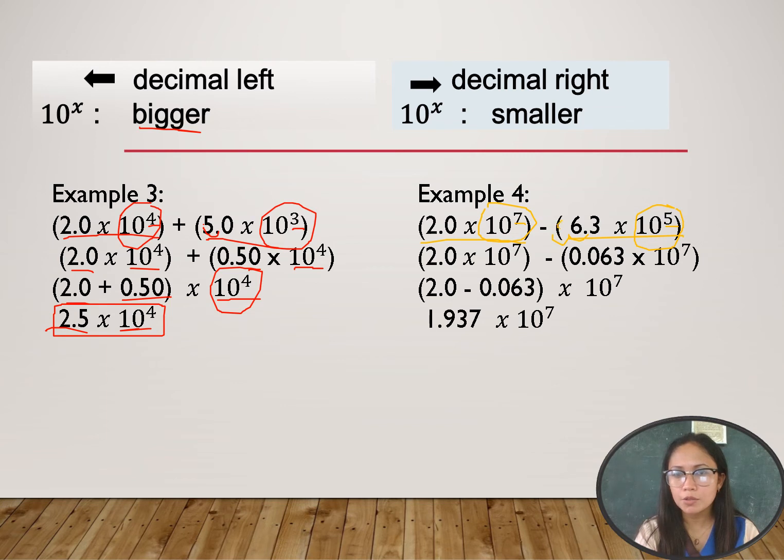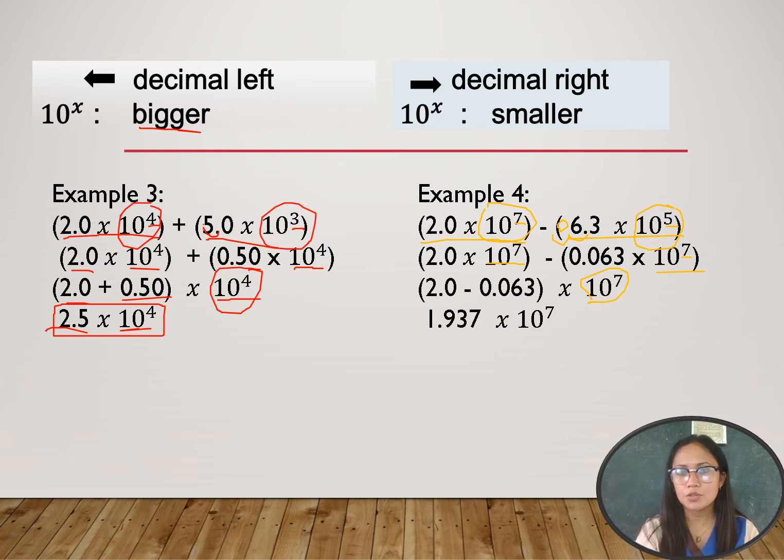So we'll add 0 here. That's why we have 0.063 times 10 to the power of 7. Why is it 7? Because we move 2 places to the left. So that's 5 plus 2 equals 7. And this time, we have now the same second factors. So we'll just copy it, 10 to the power of 7.